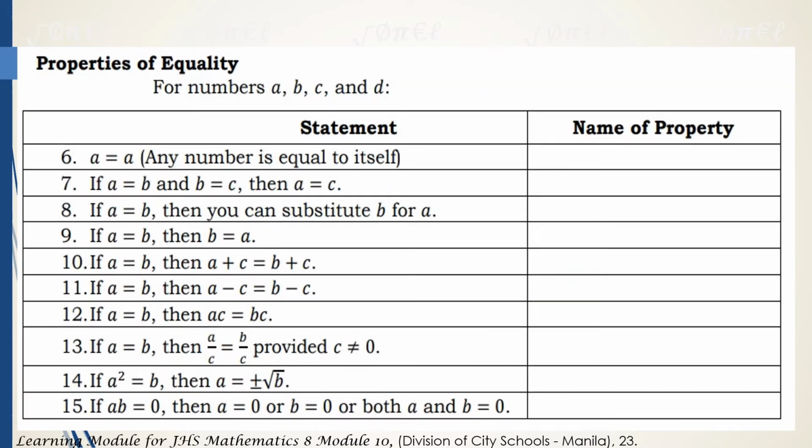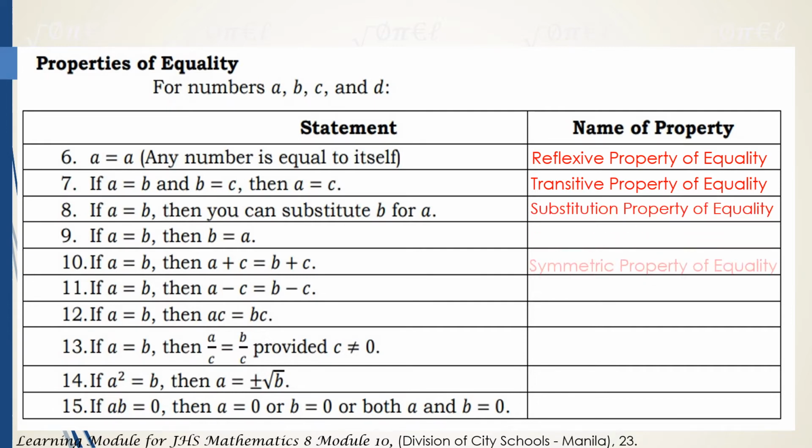Let's have more on properties of equality. Number 6, we have reflexive property of equality, or pwede nang isulat na lang sa reason na reflexive. We also have the transitive property of equality, substitution property of equality, symmetric property of equality or symmetric, addition property of equality or acronym niya ay APE.